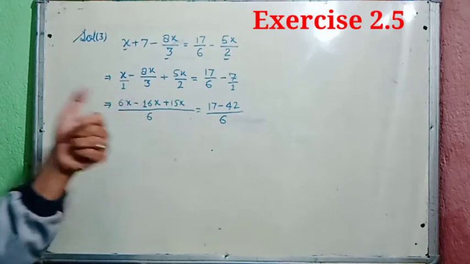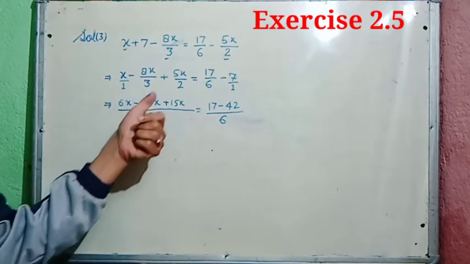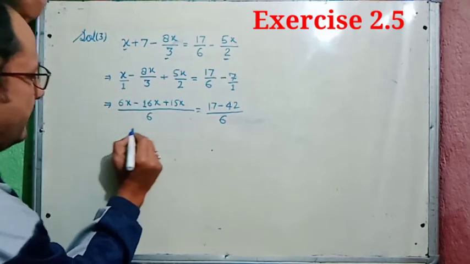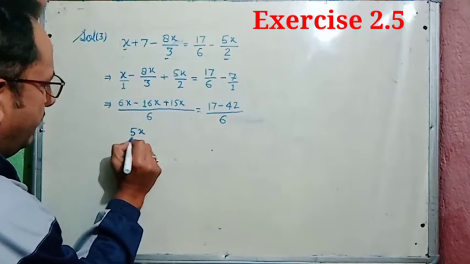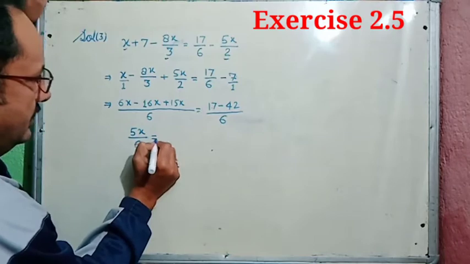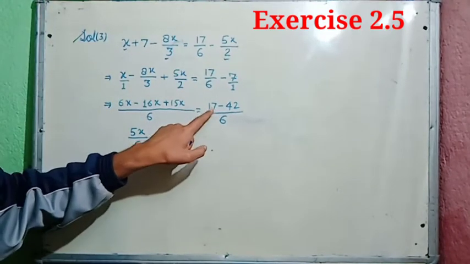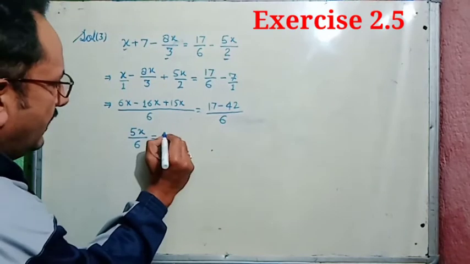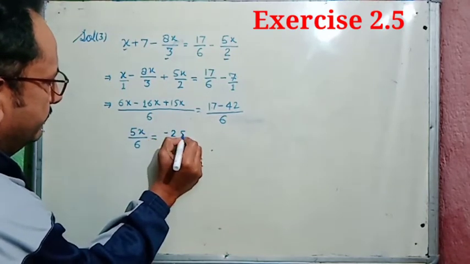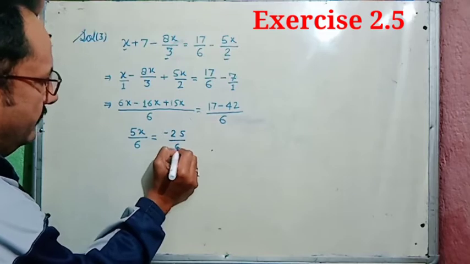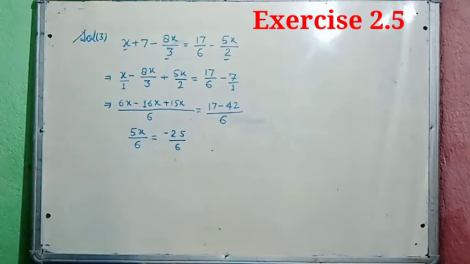Now we can operate all three. 6x minus 16x minus 10x, minus 10x plus 15x, this is plus 5x upon 6 is equals to, and 170 minus 42 is minus 25 upon 6, like this.